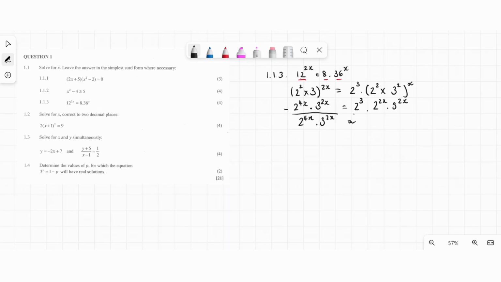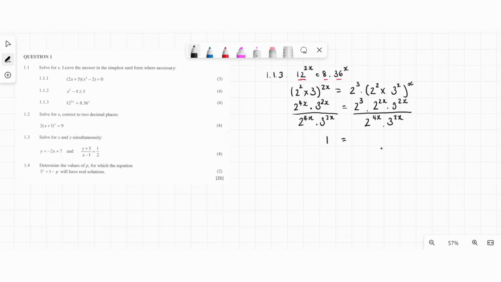I'm sorry, that was a mistake. So I'm going to divide both sides, so I can make this side a 1. So let me cancel this so it doesn't confuse anyone. So it's going to be 2 to the power 4x multiplied by 3 to the power 2x. Right? So this side is going to become 1 and this side is going to stay the way it is.